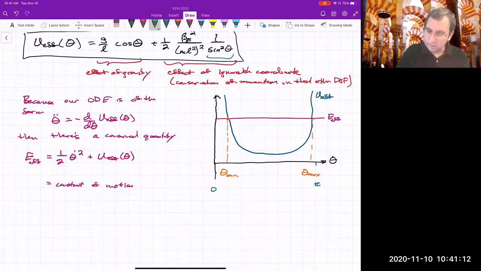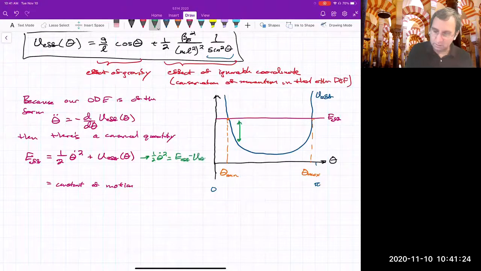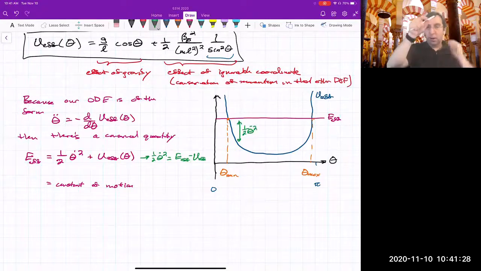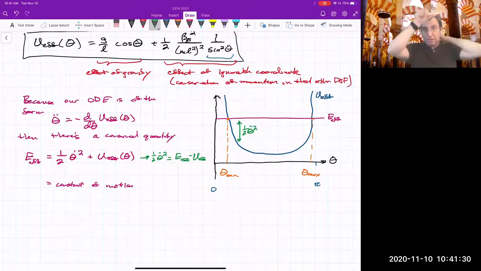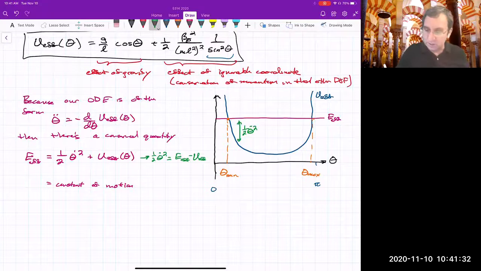And the distance between this curve and this curve, you just rewrite this. You get 1/2 theta dot squared equals E effective minus U effective. So as the motion proceeds, this thing will shrink down to a point at these turning points, and then it'll be maximum somewhere in between.